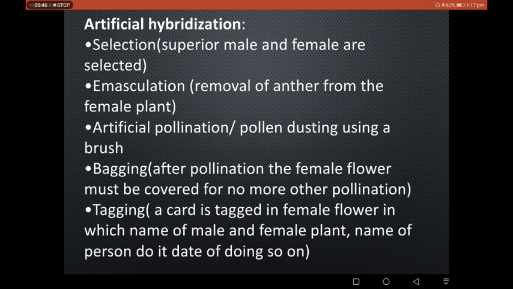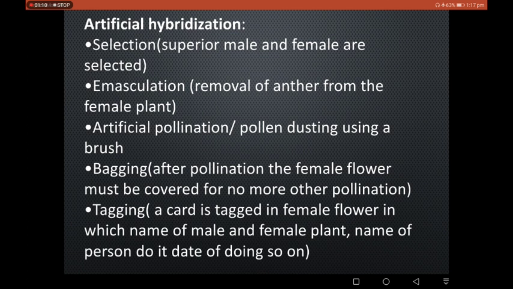Then the second one is emasculation. Emasculation is the major technique in artificial hybridization. Here, if we select two plants and both are bisexual, one flower should be treated as male and another should be treated as female.